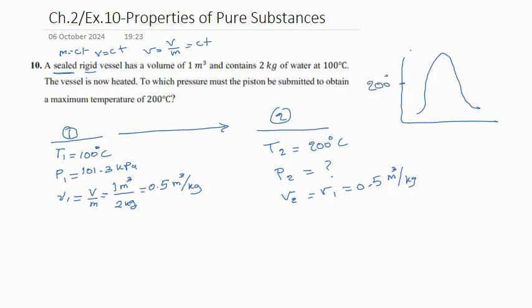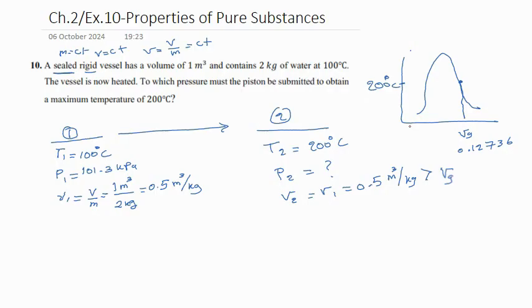So at 200 degrees Celsius, our specific volume is bigger than the vapor specific volume. According to the table we just saw, this value is 0.12736. So our specific volume calculated at state 2 is greater than the specific volume v sub g.